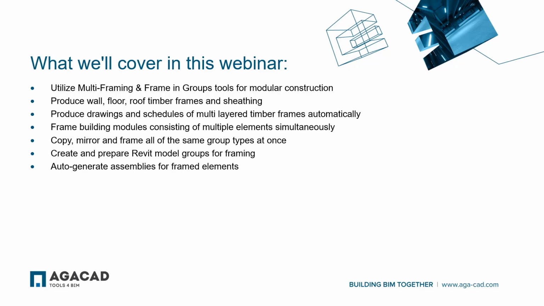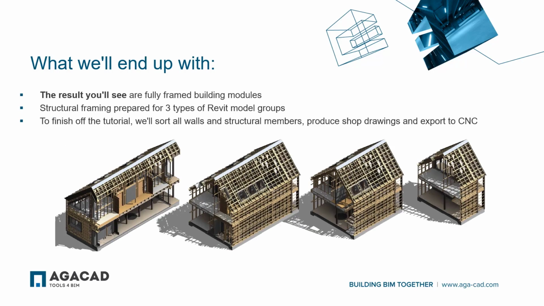We're going to produce wall, floor and roof frames, multi-layered frames and sheeting as well. We're going to look at how to produce drawings and schedules for those elements which we frame, and we're going to frame multi-layered, multi-story wall elements and units of a building.